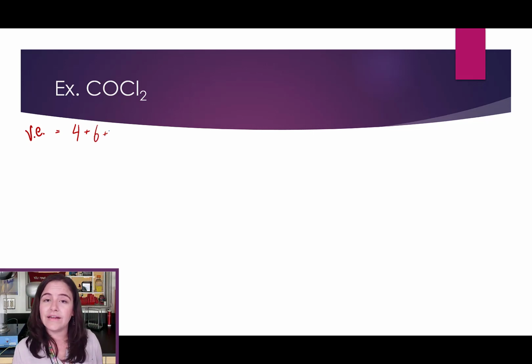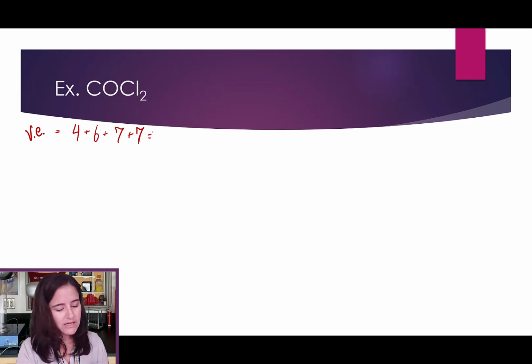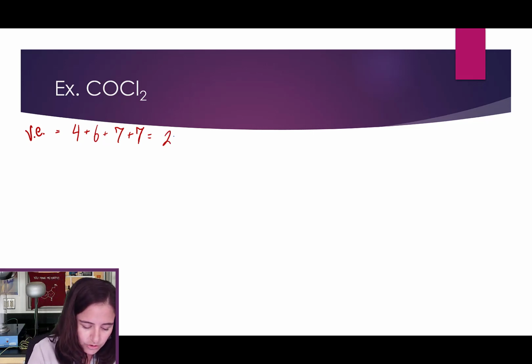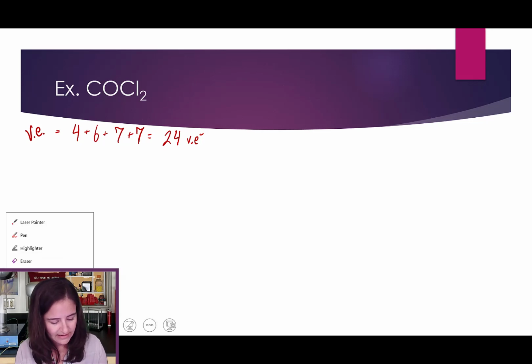And then chlorine is in group 17, so it has 7. And we have 2 chlorine atoms, so 7 plus 7, for a total of 14 plus 10, 24 valence electrons should be in our structure. So a little bit bigger one than the ones that we've done before, but let's go ahead and follow the steps and get it going.